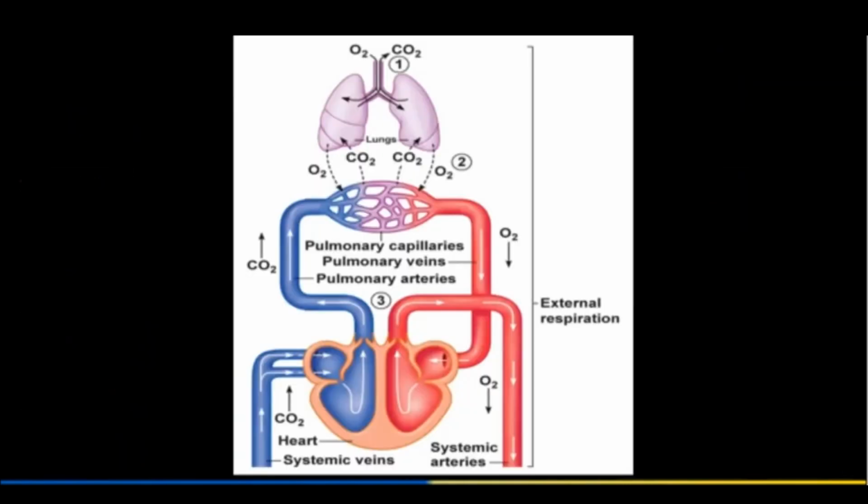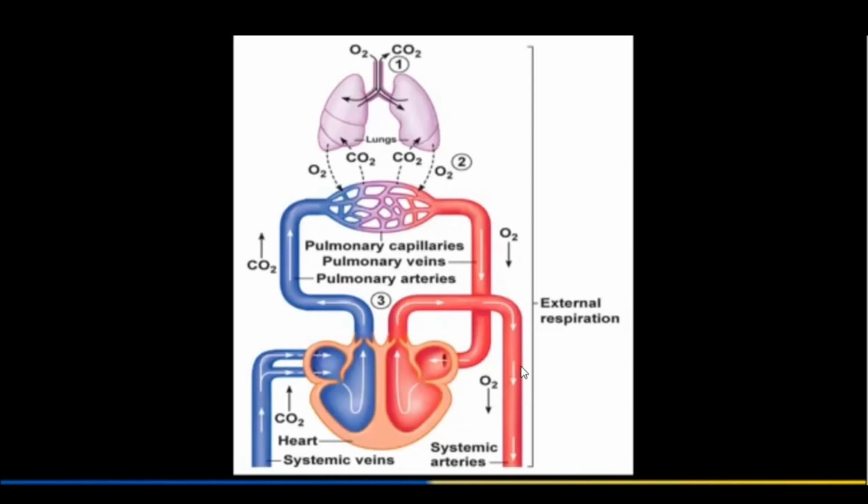And how many circles do you remember in the cardiovascular system, for example? The main ones are the pulmonary circle and the systemic circle.